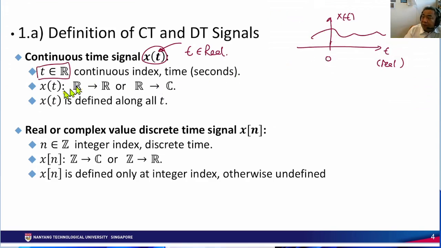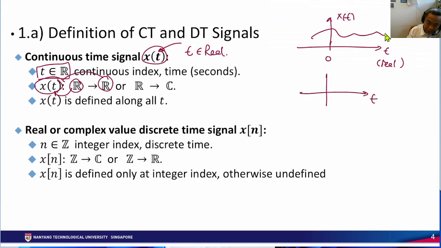Now, here the notation says x of t is a function from R to R. The first R is talking about this, the second R is talking about this. So x of t can be a real signal, or x of t can be a complex signal.